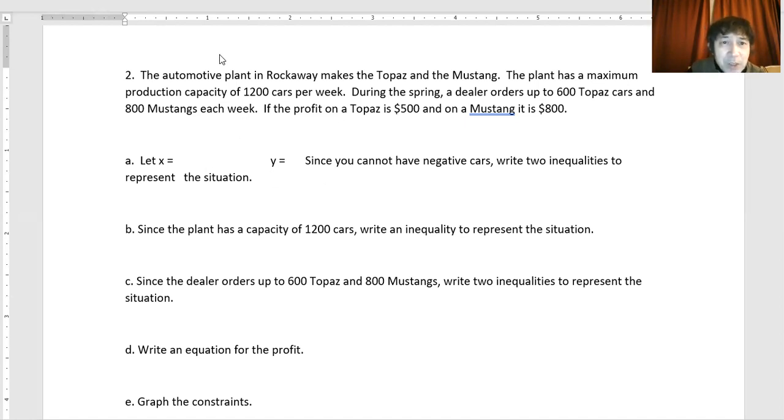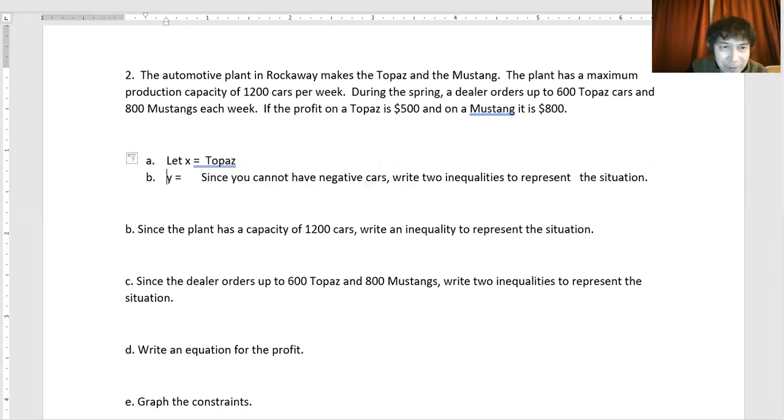All right, so first we shall type something here. This will be for the Topaz. And for the Y, this will be for the Mustang.